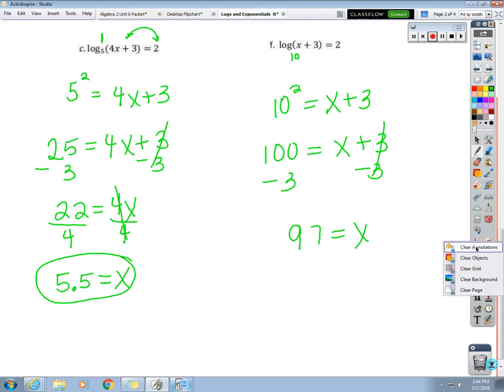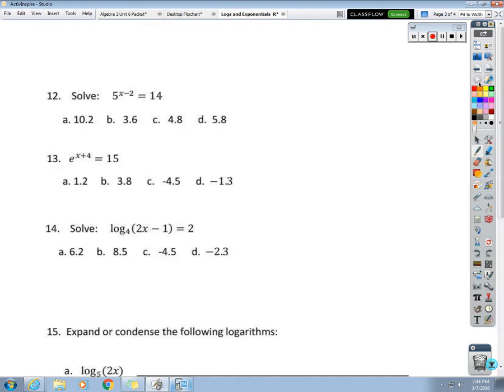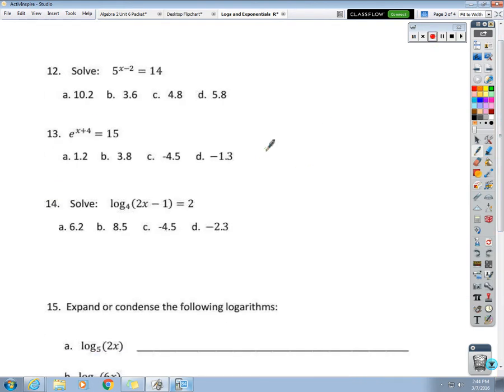No. Next page. Number 12, solve 5 raised to the x minus 2 equals 14. What kind of form is that one currently in? So we need to change it to log. Same thing applies. The first number stays first. It just goes down subscript. These two switch sides. So 14 comes over here, x minus 2 goes over there.